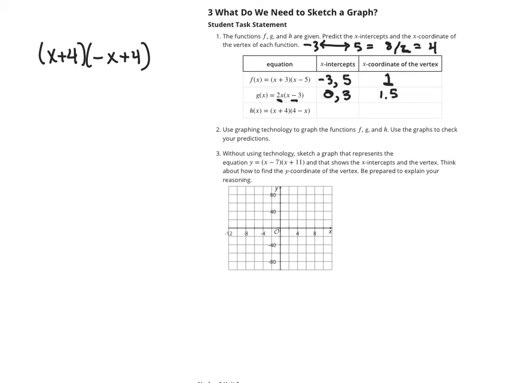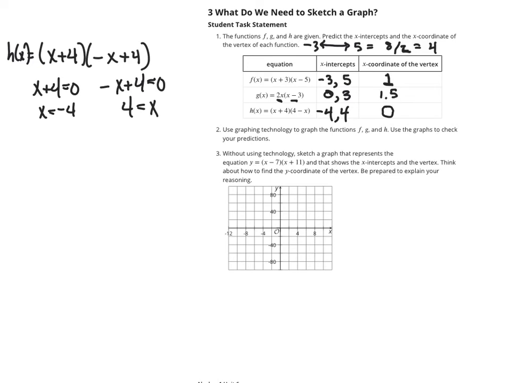If I take each one, x plus 4 equals 0, so x equals negative 4, or negative x plus 4 equals 0, so x equals 4. As silly as that one is set up, you can still work it the same way. So I get a negative 4 and a 4. The distance between negative 4 and 4 is 8. Halfway is 4, so my x-coordinate for the vertex is going to be 0.